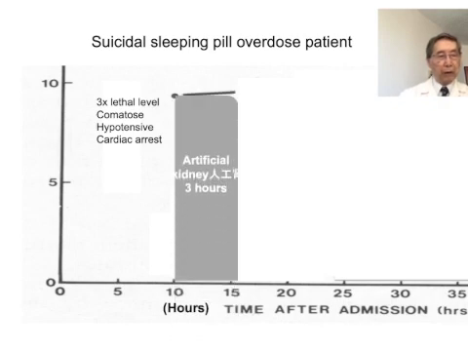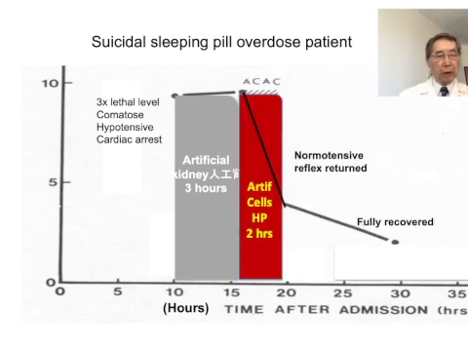When you put artificial kidney, it doesn't remove the drug, so they asked me to go and use my artificial hemoperfusion. When I put it on the patient, recover blood pressure and reflex and fully recover. When we analyze the drug level, it shows that it comes down very quickly.